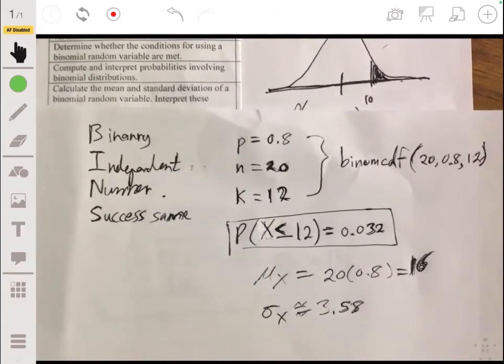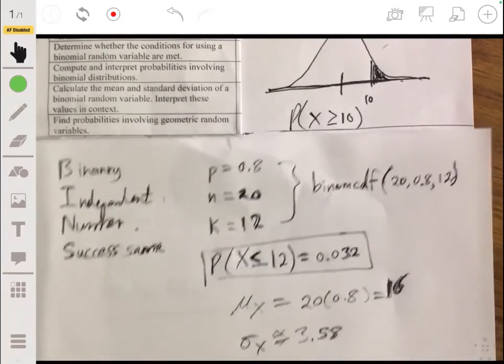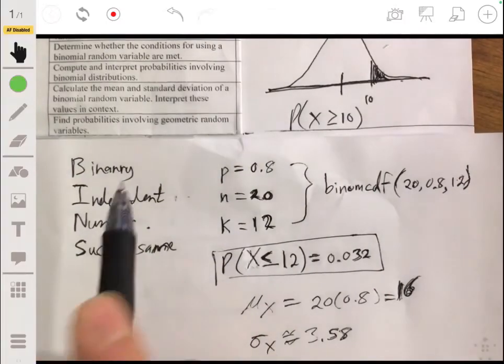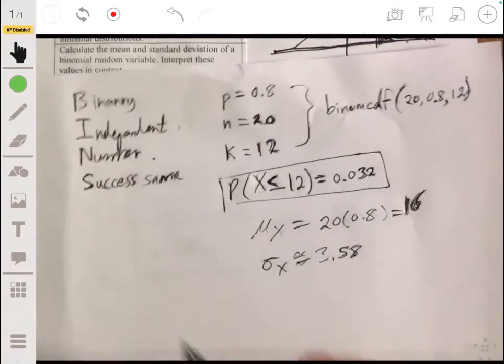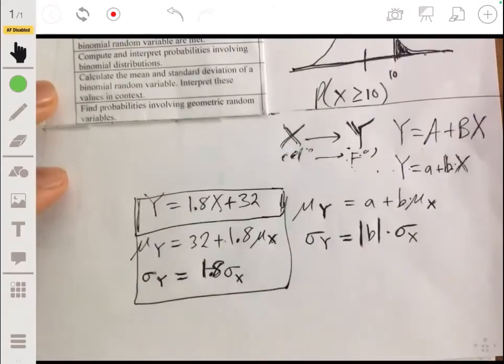All right, now let's look at, finally, geometric random variables. So the last one here. Very similar to binomial random variables, except for one slight difference.